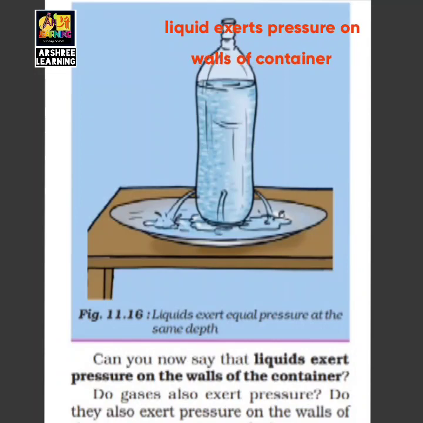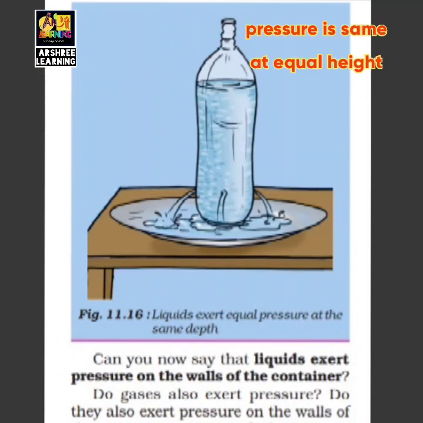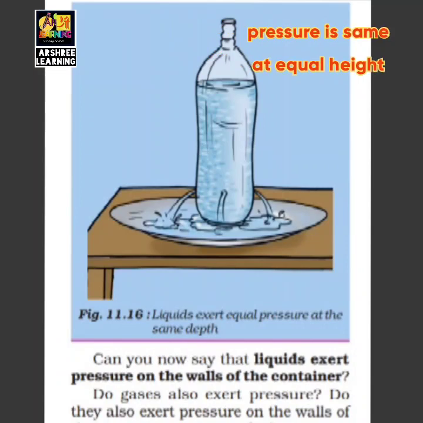Another activity of liquid pressure is, again we take a plastic bottle, and from the picture you can see that there are holes made at the bottom of the bottle, all on different sides of the bottle, and they are made at the same height.